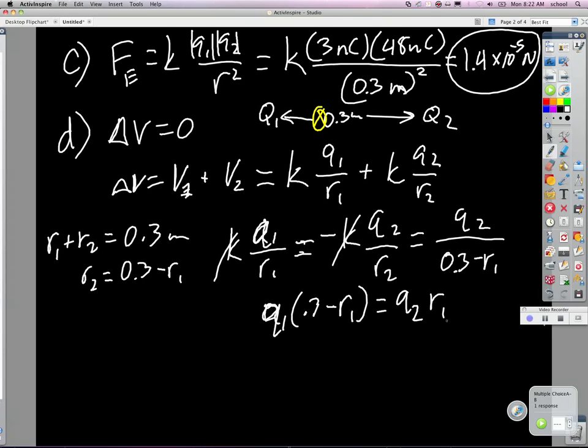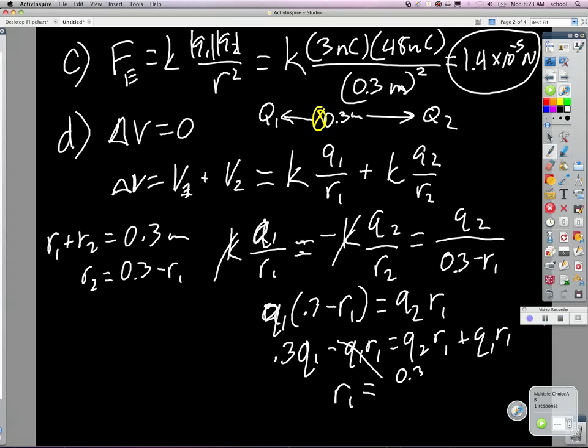And what's nice here is Q1 was negative 3 nanocoulombs. Q2 was 48, so this becomes 0.3 times basically 3 over 45. And 3 over 45 is 1 over 15? So this becomes 0.3 over 15 meters.